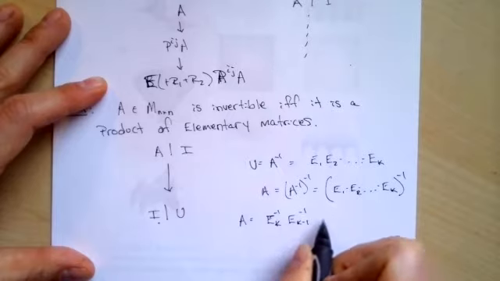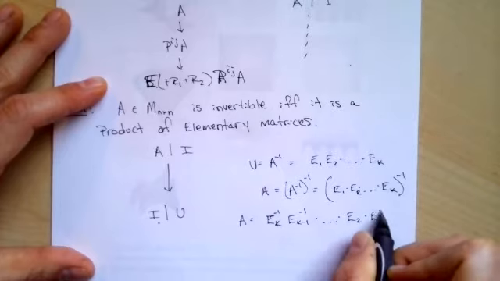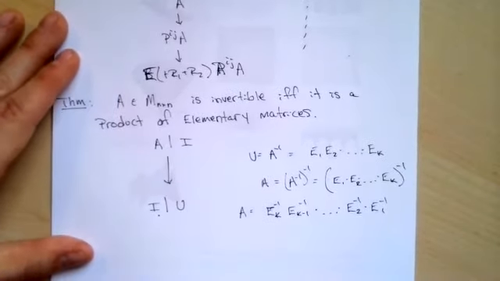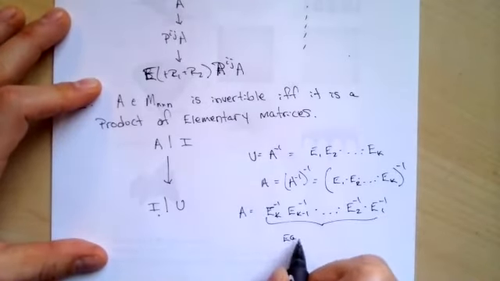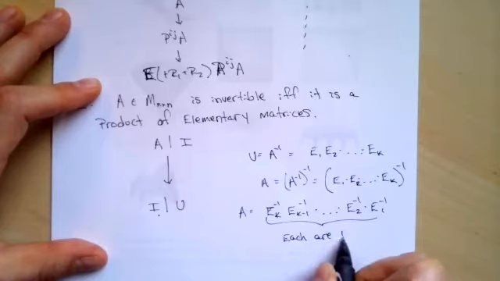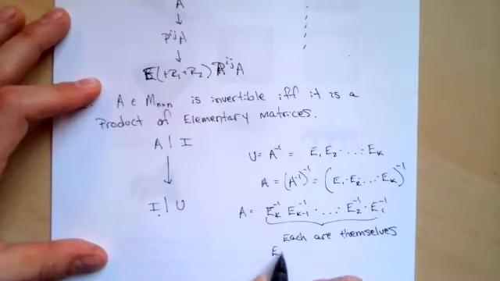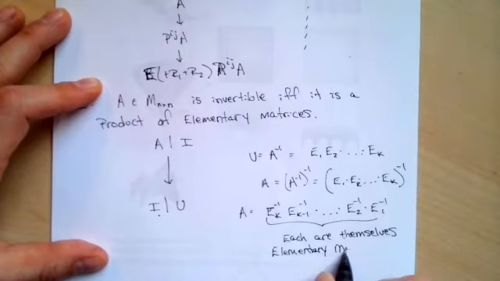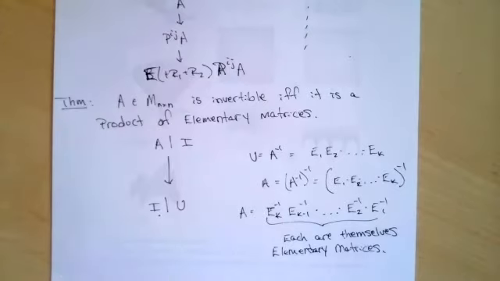You do the product in reverse, with each of the inverses of the elementary matrices, but each of these are themselves elementary matrices. Because anytime I undo an elementary operation, we are again performing an elementary row operation.